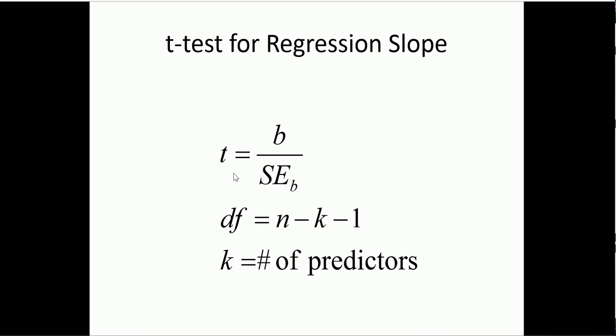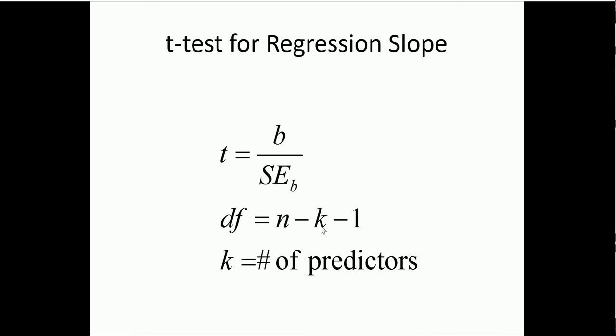So that's a fairly straightforward t-test that's given in output for regression analysis, and I will upload an example of how to conduct a multiple regression analysis in SPSS onto Blackboard in a separate link. You can view that, but basically that's how it's computed. It has degrees of freedom equal to n minus k minus 1, where n is the number of cases in the analysis, the number of participants if it's humans.